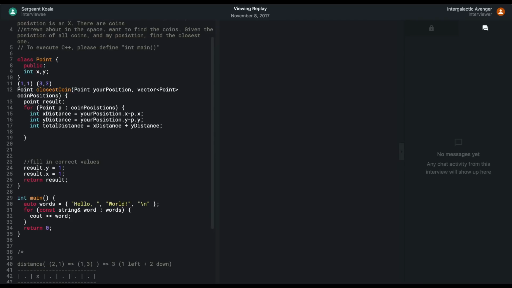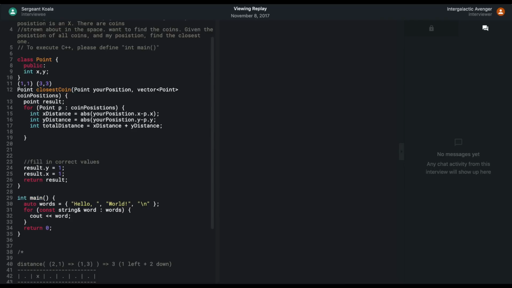But of course, it could be the other way, right? It could be 3, 3, 1, 1, and then if I did it the other way. So I'm going to take the absolute value of each of these, because that way I get the actual difference between them, and it's always going to be a positive number. And once they've been absolute valued, I don't need to do it for that one.